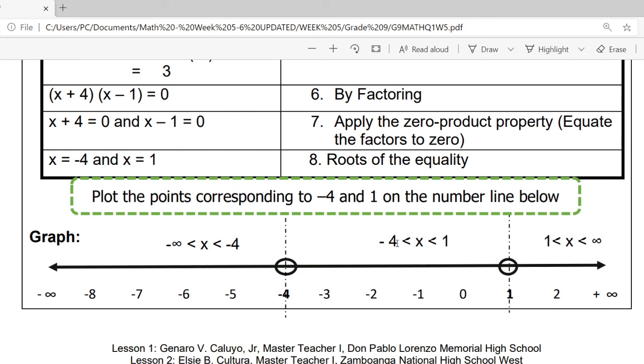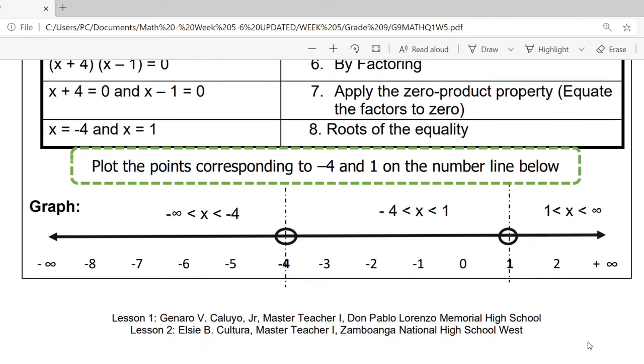Then create intervals. There are 3 intervals. From these intervals, you choose test points, and the critical points are also included as test points. Since this is false, this is true here, and this is false, the critical points are not included in the solution.